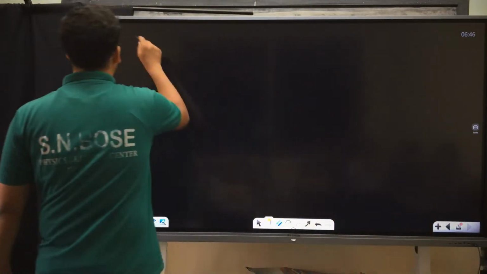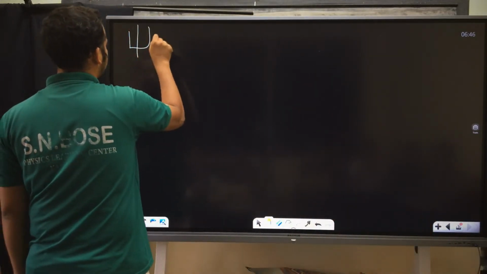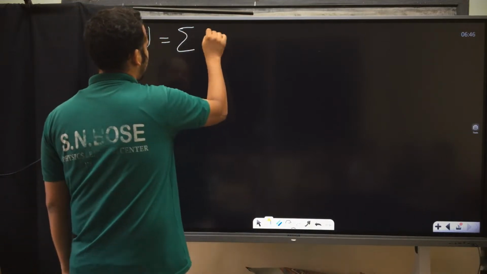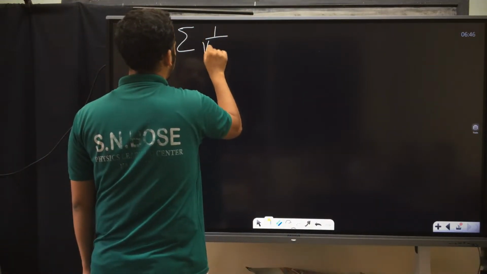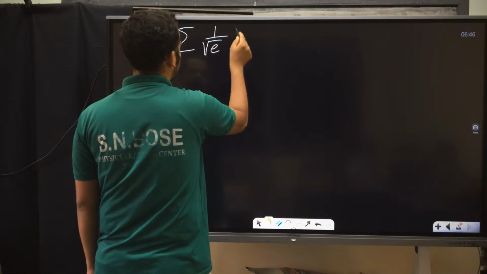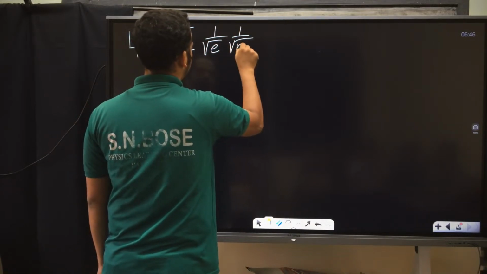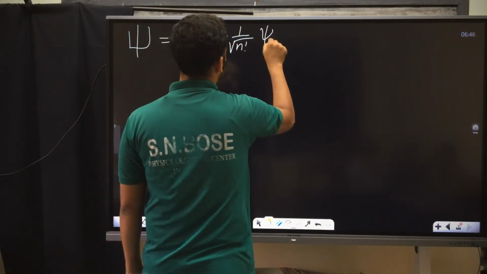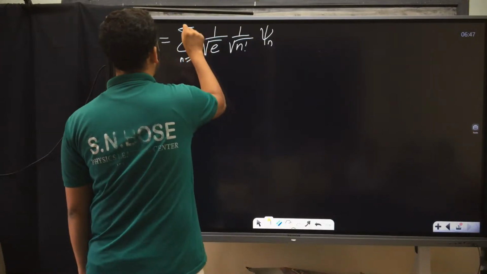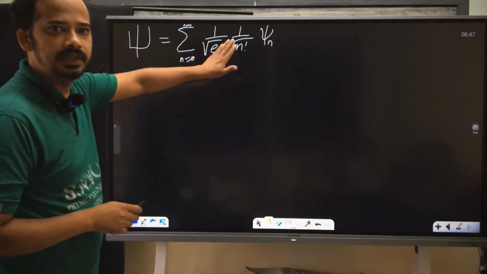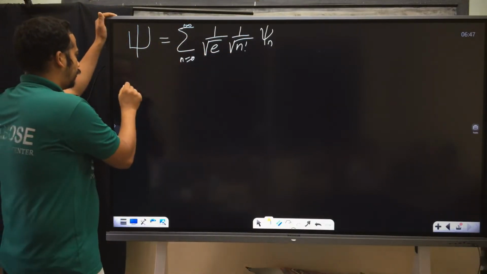Now the normalized state is summation over 1 by root e, into 1 by root n factorial into psi n, n equal to 0 to infinity. This is Cn now. Now what is the average energy?